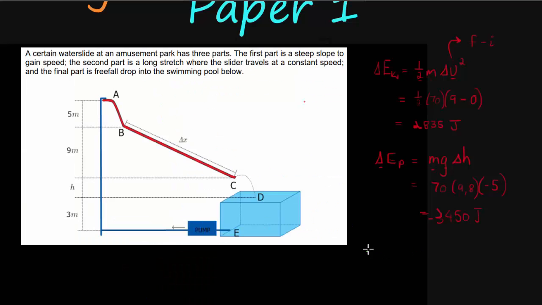So if I say the work done by frictional forces, it would be the change in kinetic energy plus the change in potential energy. So 595 is what I calculated. 595 joules. Okay. The difference between these two answers, even if you didn't keep that as a negative.